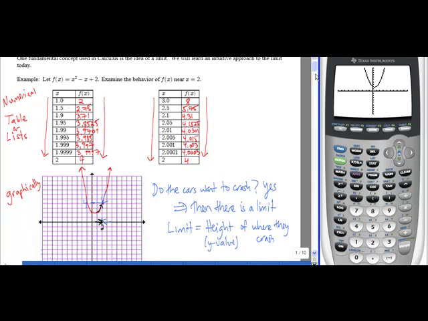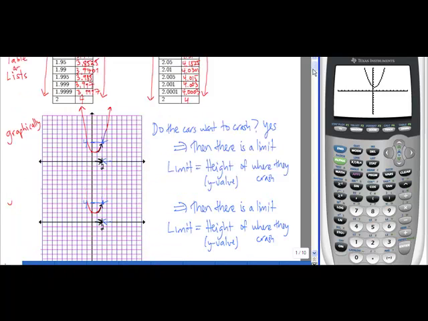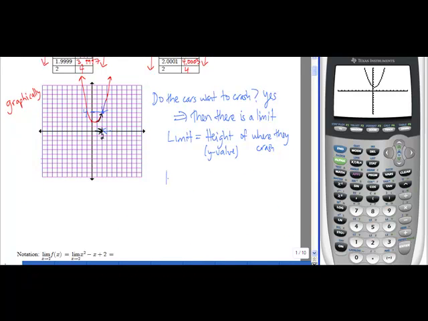So these 2 cars want to crash at a height of 4. So in our notation from before, the limit as I approach 2 of my function is equal to 4. So the y value goes here, the x value goes here.